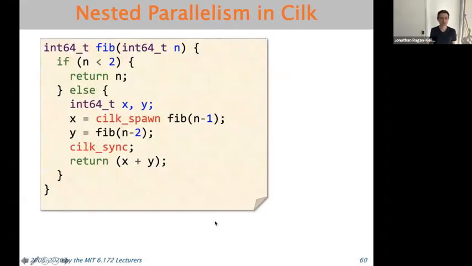Okay, so this is what recursive parallel Fibonacci looks like in Silk. This is probably the very closest we got to a minimal modification of our original recursive Fibonacci function. We just have simple Fibonacci, and then the two recursive calls, and then we introduce just these two new keywords, silk spawn and silk sync.